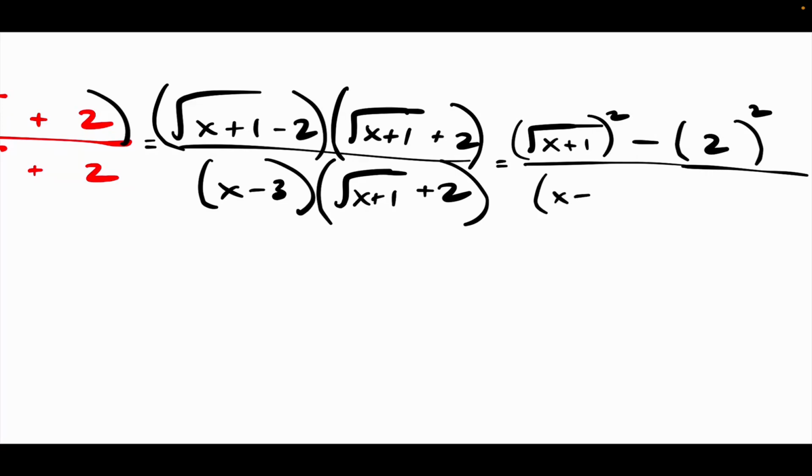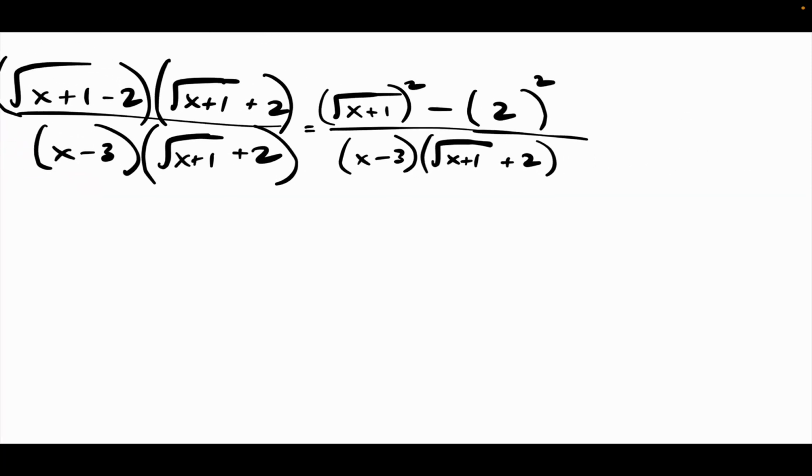So x minus 3 square root x plus 1 plus 2. How do you square a square root? In other words, what happens when you square a square root? It's kind of like taking 2 steps forward and then taking 2 steps back.